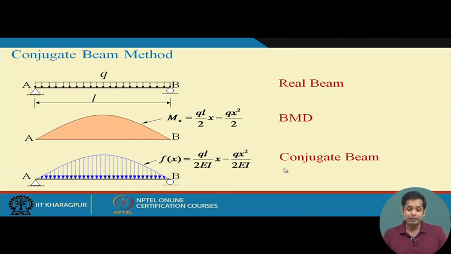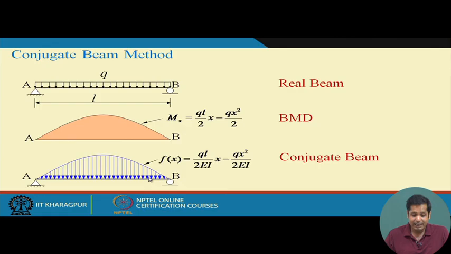Now, what has the problem reduced to? The initial problem was to determine the deflection of this beam. Instead of directly computing the deflection, we constructed a conjugate beam where the length is kept the same, only the load on the beam is replaced by the bending moment diagram divided by EI.